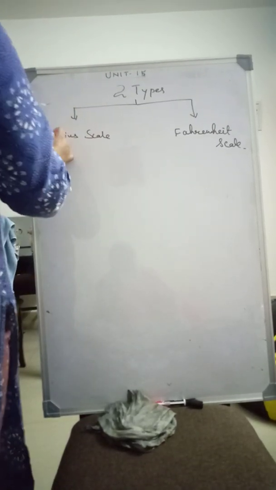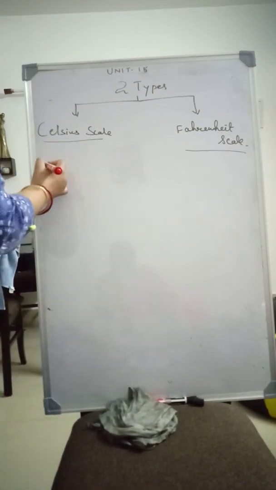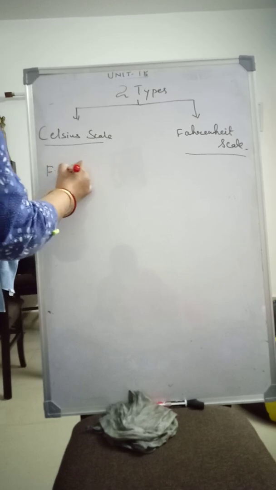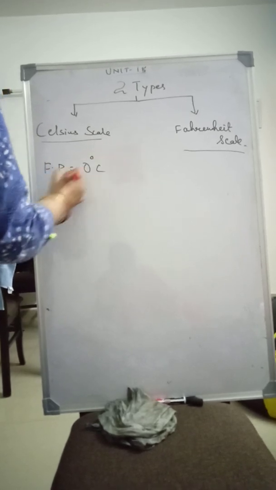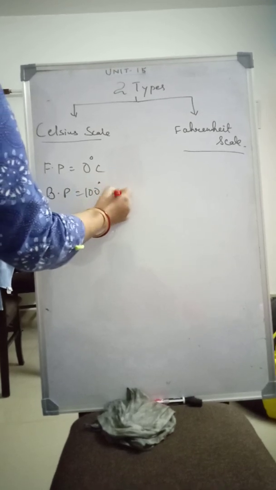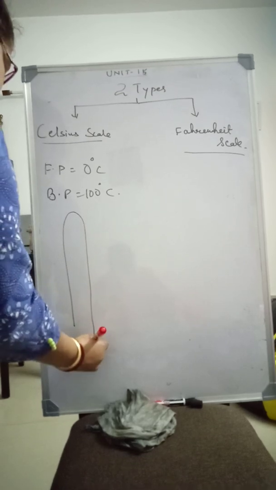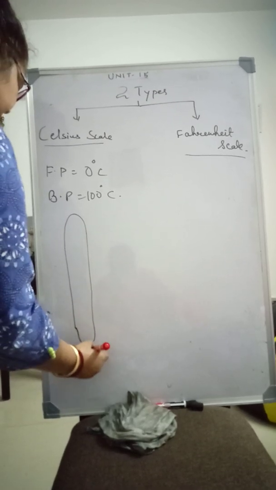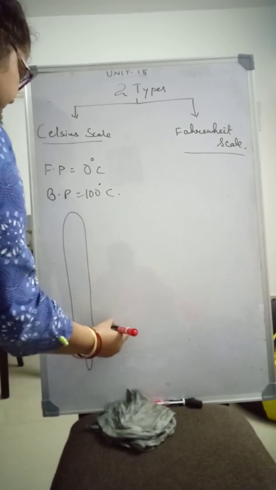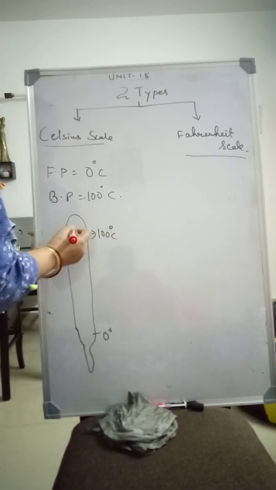The first thermometer is based on the Celsius scale, and the second one is based on the Fahrenheit scale. In the Celsius scale, the freezing point is 0 degree centigrade and the boiling point is 100 degree centigrade. It means the scale in the thermometer starts from 0 and ends at 100 degree.